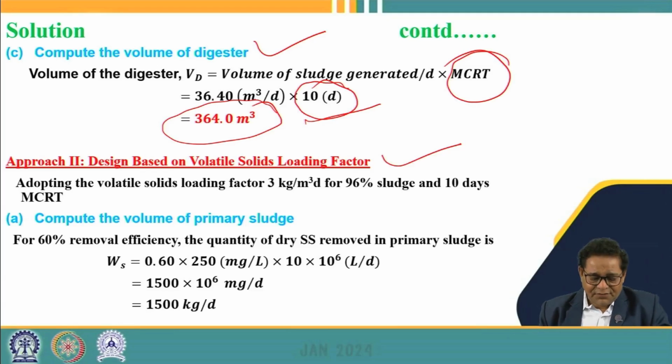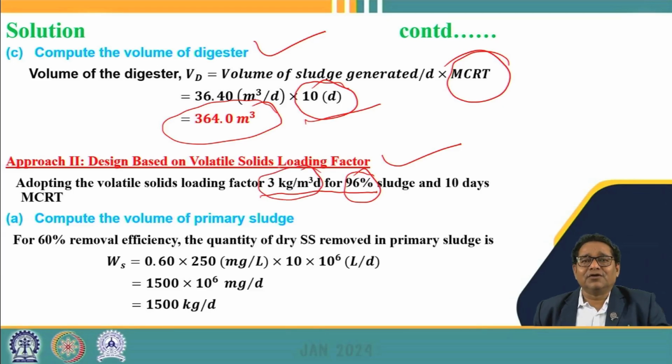Here the percentage of solids in the raw sludge is 4%, so there will be 96% moisture. For this, the volatile solid loading rate we can adopt as per the design criteria equal to 3 kg per meter cube per day, and the mean cell residence time we have already taken, that is 10 days.